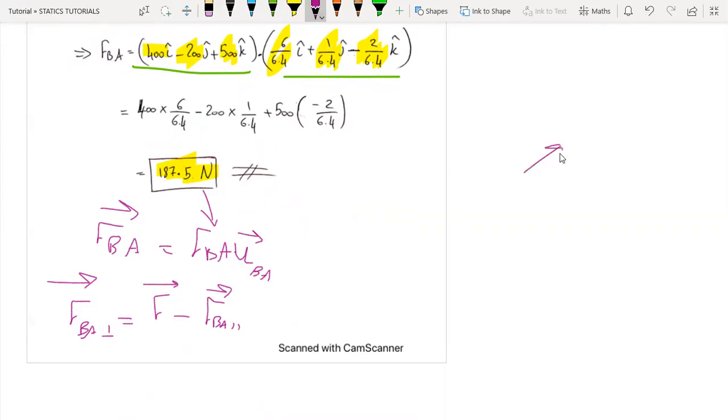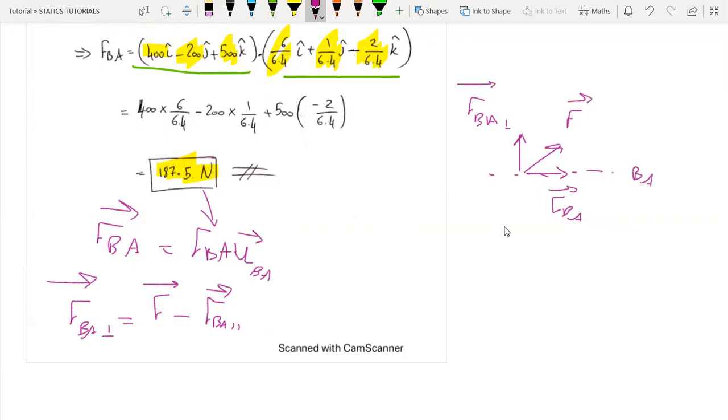Here is our force F, and here is FBA, the projected component along cable BA, and here will be the perpendicular component. So we are dealing with vectors.